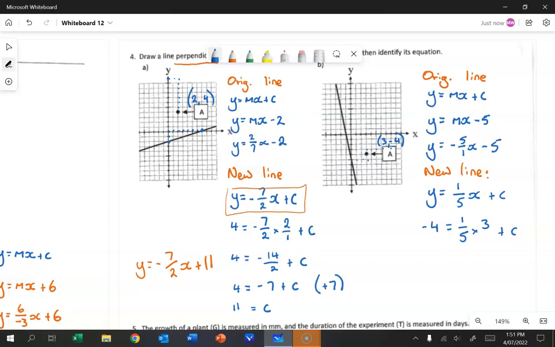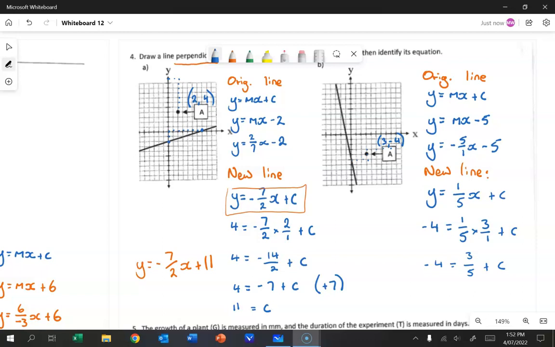You might notice by now I like to make that number a fraction just to make multiplying my fractions a little easier. This time I've got minus 4 equals 3/5 plus c.